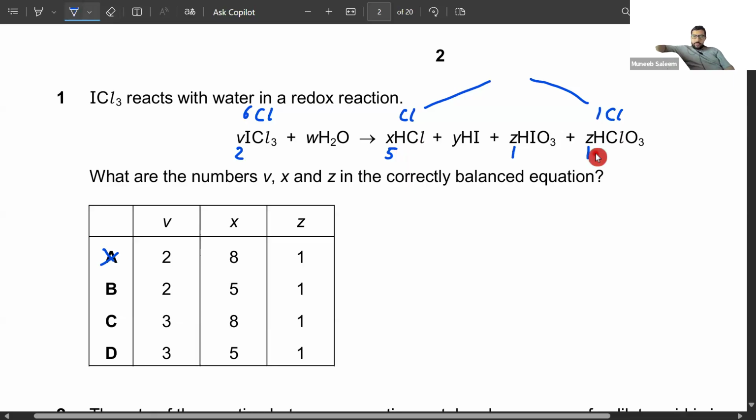So this will give us 6 chlorine. Now we have an equal number of chlorines on both sides.